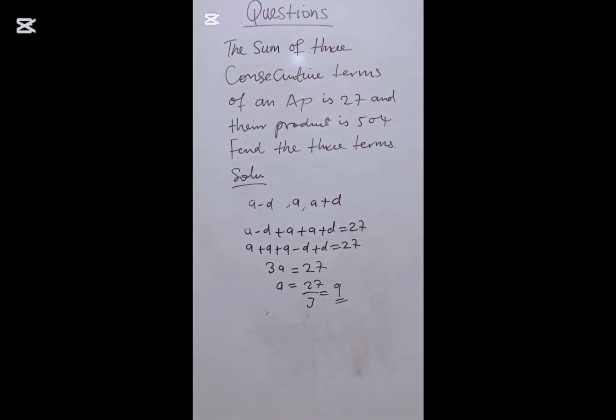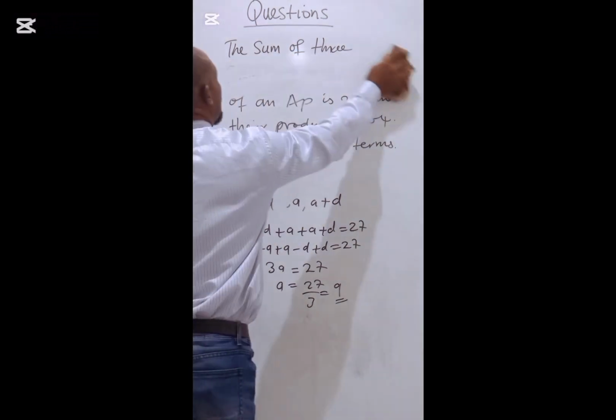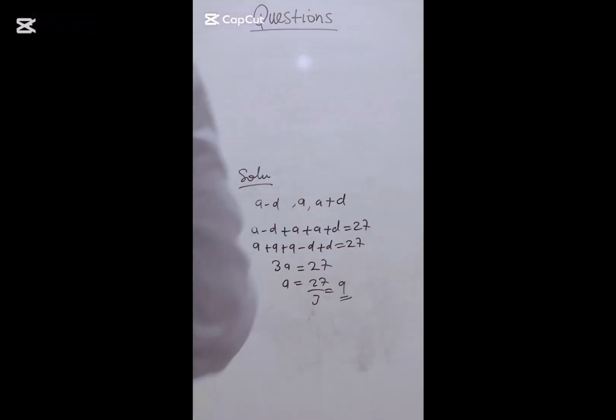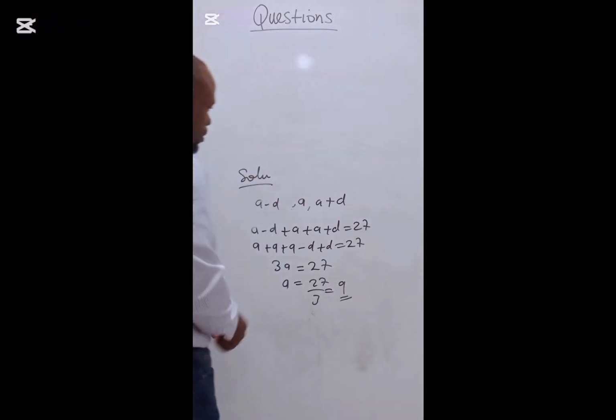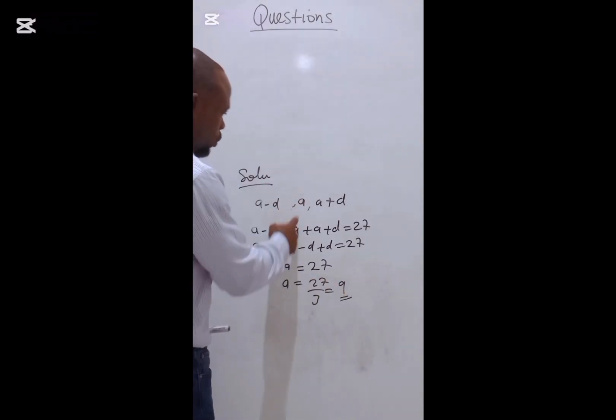So we have the value of A as 9. The value of the second term in the sequence is equal to 9.